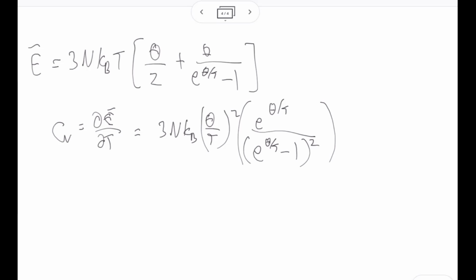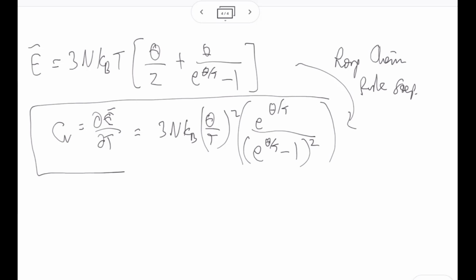And again, there's another long chain rule step, so just take my word for it. Okay, sorry, I know it's a little bit unsatisfying. All right, so that is the heat capacity of an Einstein solid.